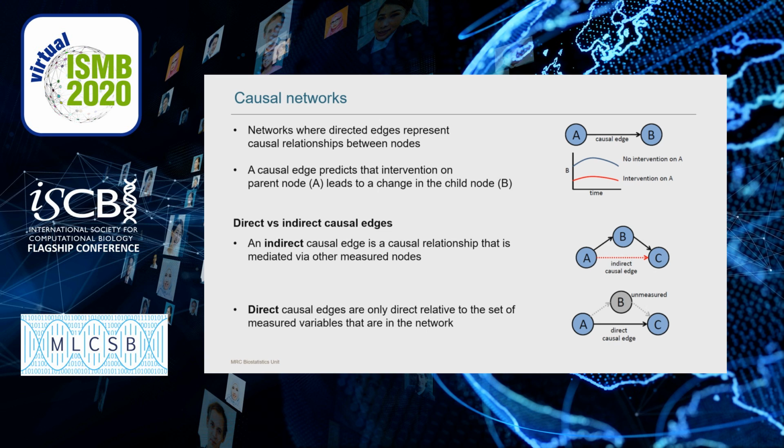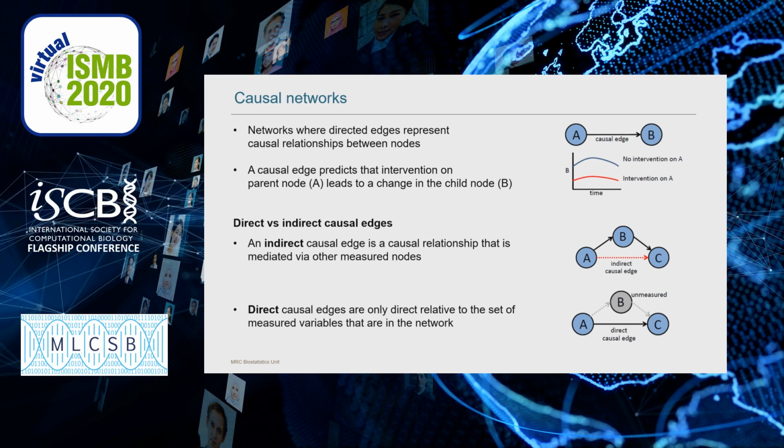There's a distinction to be made between direct and indirect causal edges, and this is relevant for the results I'll show. So an indirect causal edge is a causal relationship that is mediated via other measured nodes. So here we have an indirect causal edge from nodes A to C, and this is indirect because the causal influence of A on C is mediated via node B. But note that direct causal edges are only direct relative to the set of nodes in the network.